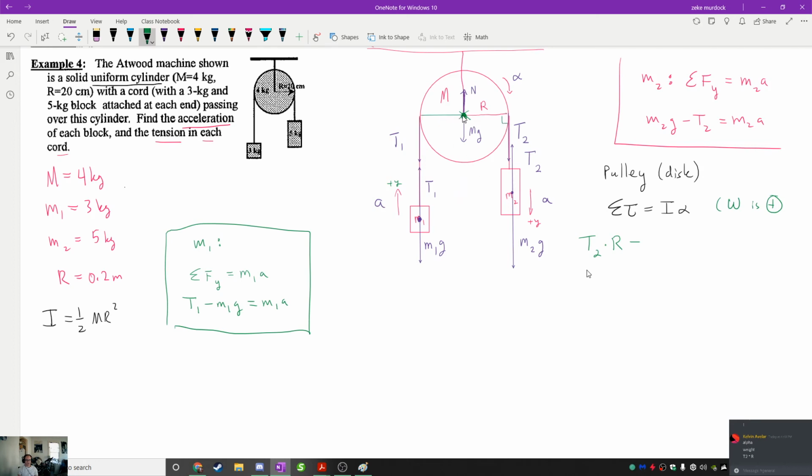Same thing over here, 90 degrees, so we'll have T1 times R, and this one's going to be negative, and this is all equal to I multiplied by alpha. We can factor R out. We'll have T2 minus T1 multiplied by big R is equal to I, which we said was 1/2 MR squared, times alpha. One of these R's will cancel.